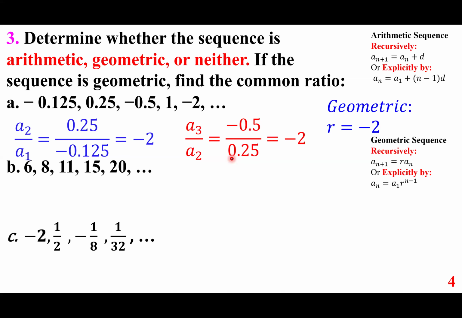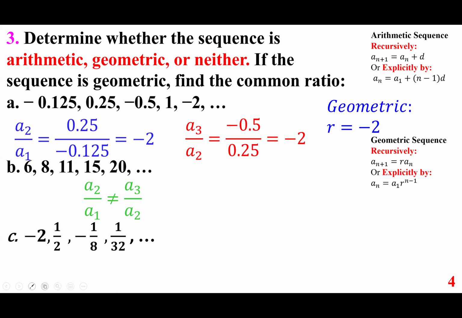So that's pretty straightforward, everybody. What about this one? If you look at 8 over 6, 11 over 8, 15 over 11, you see that they are not equal.